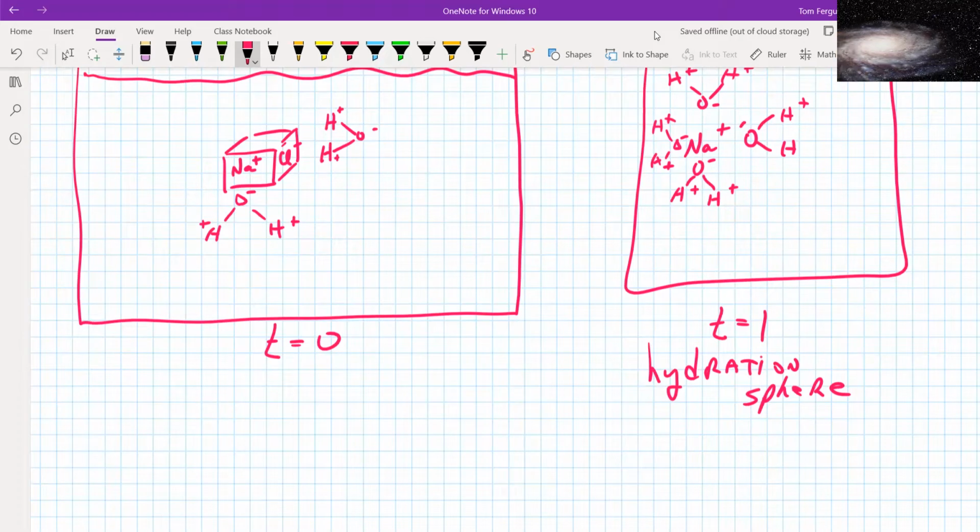So think of your dissolved salt and water as a whole bunch of sodiums surrounded by water, a bunch of chlorides surrounded by water. So you have all these hydration spheres keeping them from going back to the crystal. And that will make sense on why something dissolves.